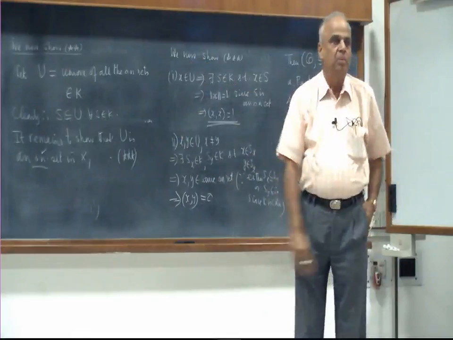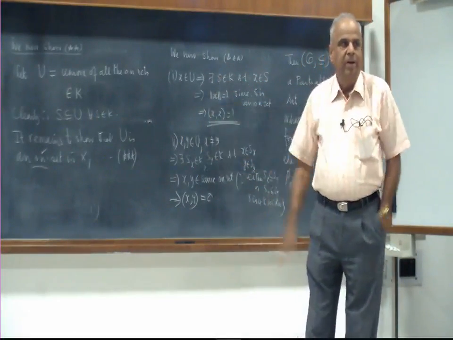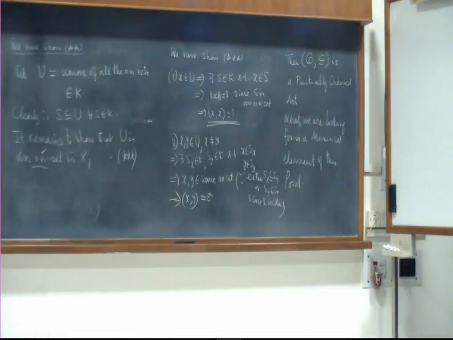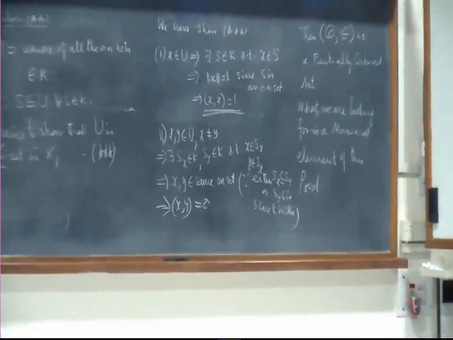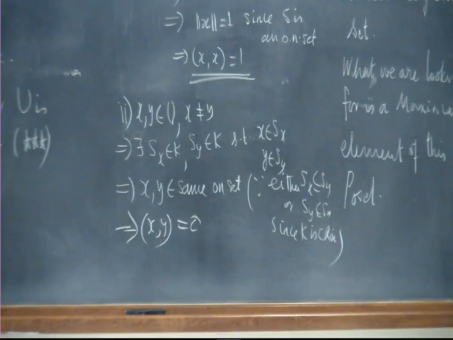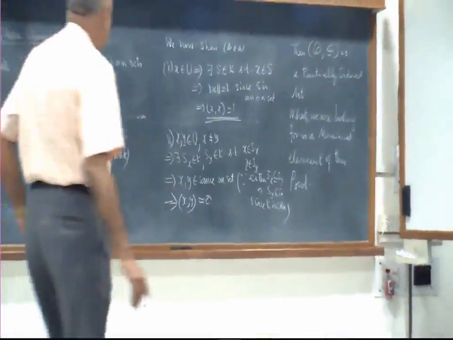So, we took an arbitrary chain, constructed the upper bound and verified that it is indeed the upper bound. So, now we are assured that every inner product space does have a maximal orthonormal set and hence a complete orthonormal set, and hence Fourier series can be done, Parseval's identity can be done, everything can be done.